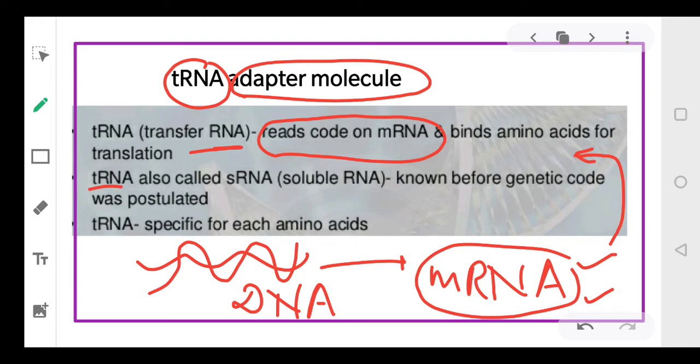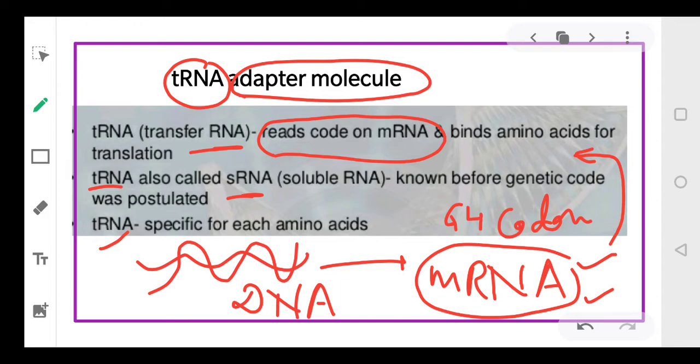The tRNA is also called soluble RNA, right? And we know that there are 64 codons, isn't it, students? 61 code for the amino acids, 3 are stop codons.